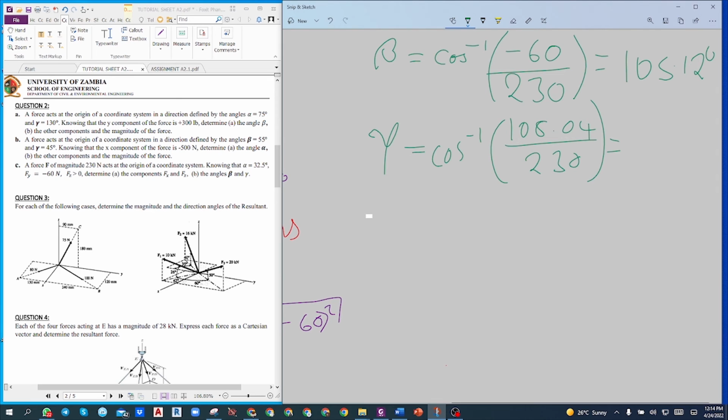Okay, this looks like it comes to 61.99, 62 degrees, something like that.